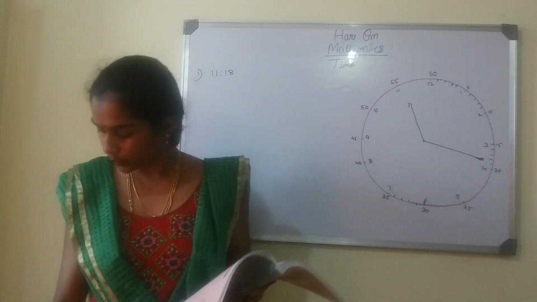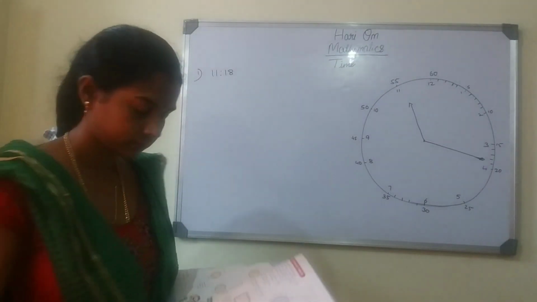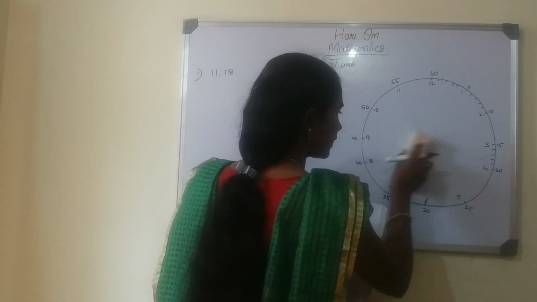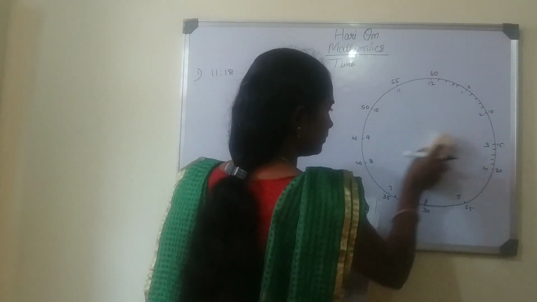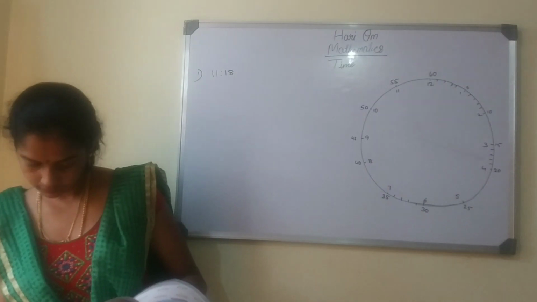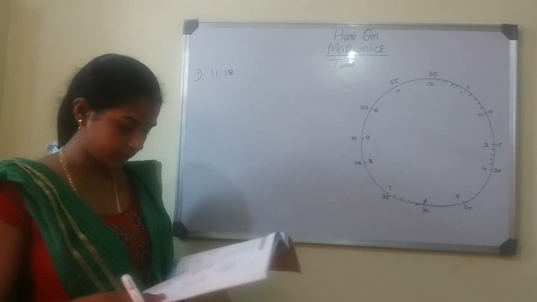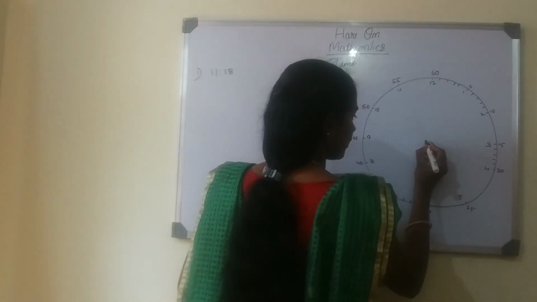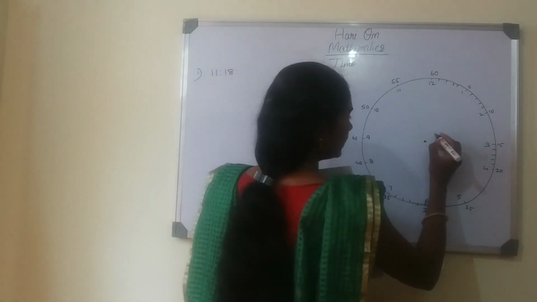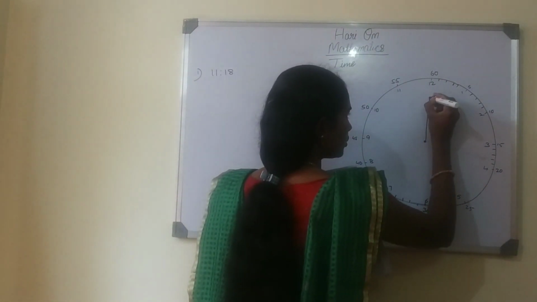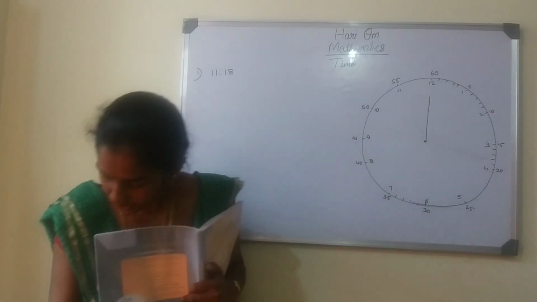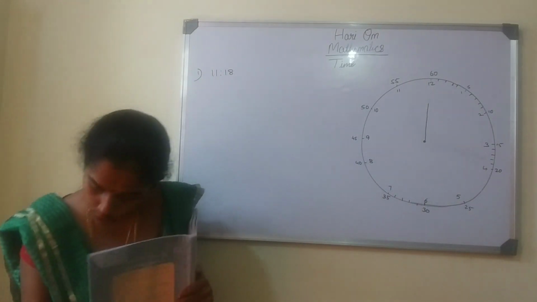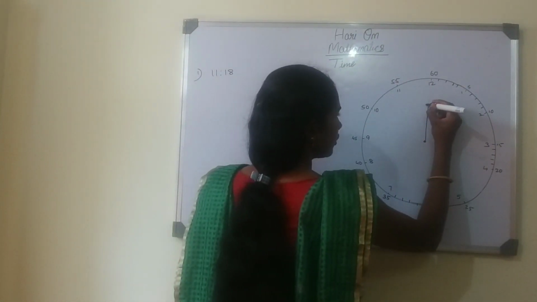Look at the second one, children. In the second one, the short hand is almost close to 12.